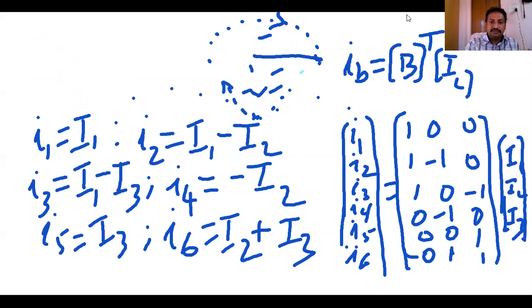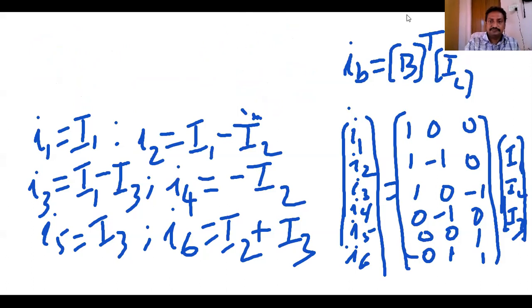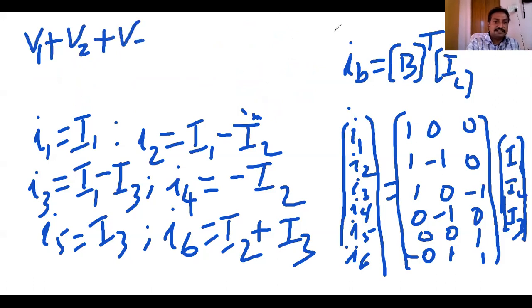Based on KVL, we'll get these equations as V1 plus V2 plus V3. This is about the KVL, algebraic sum of equation 1. And we'll come back.